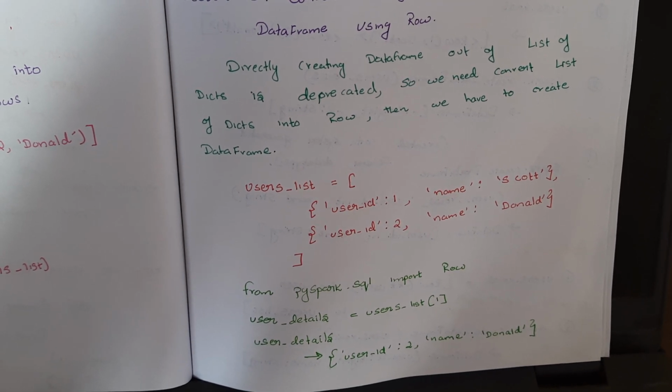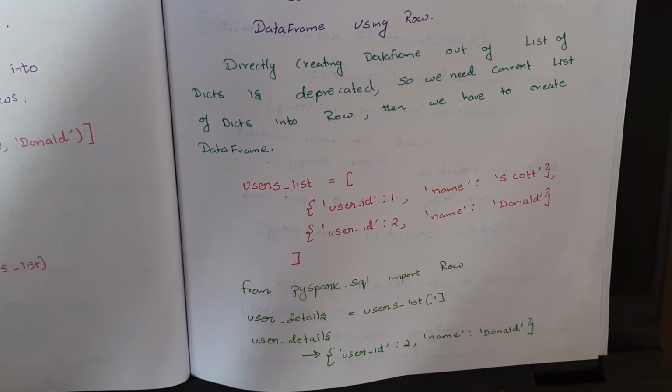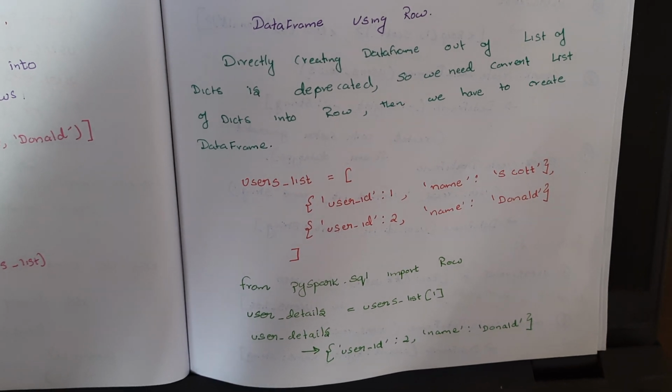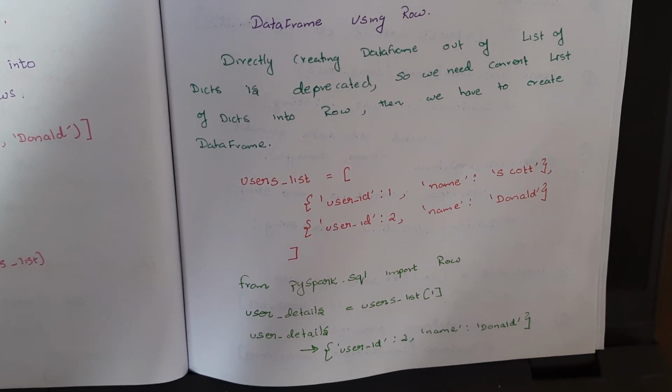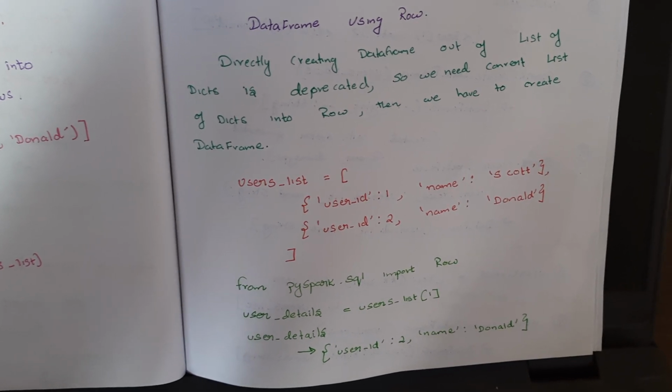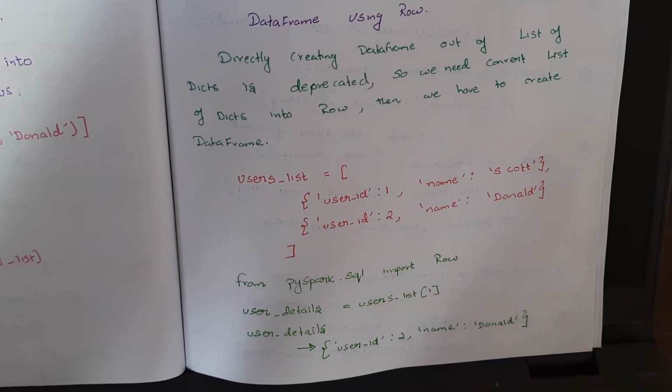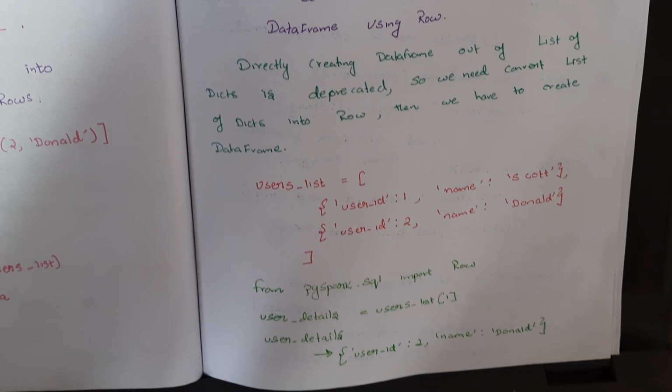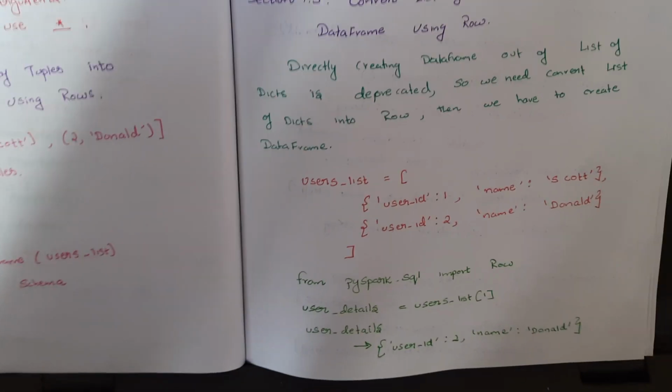Before proceeding, first we'll try to understand how to create a Row. So users_details is equal to users_list of 1, so I'm taking the array's first position, where we have user_id 2 and name equal to Donald.